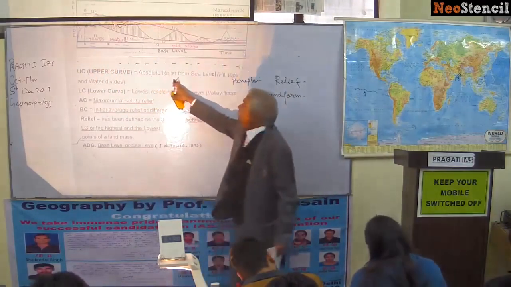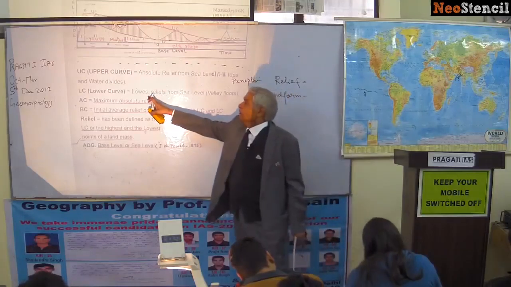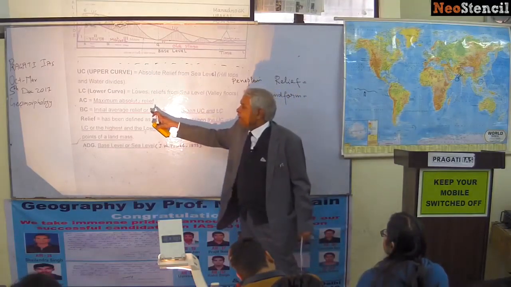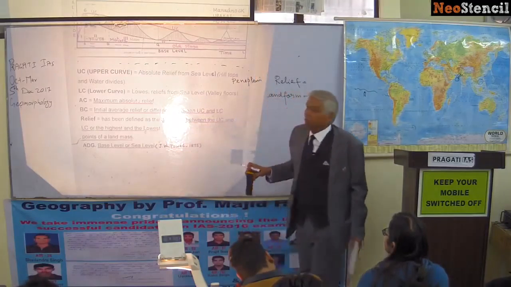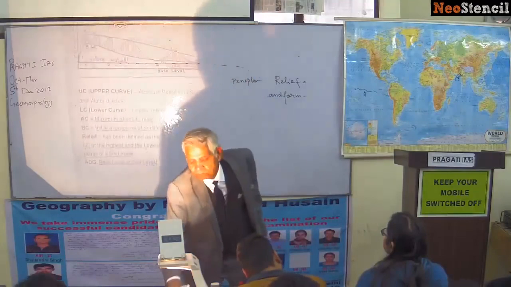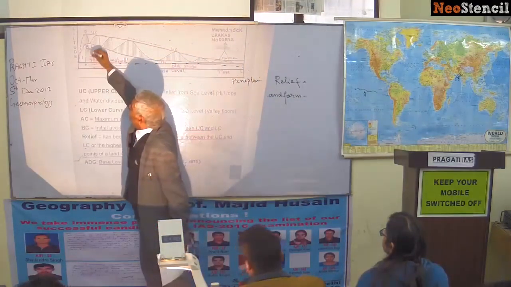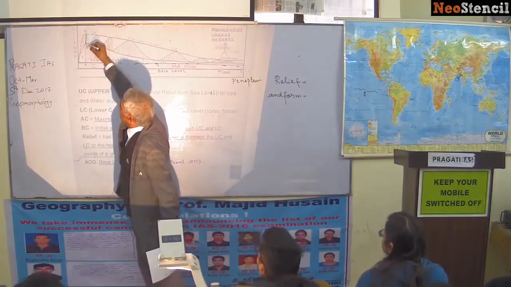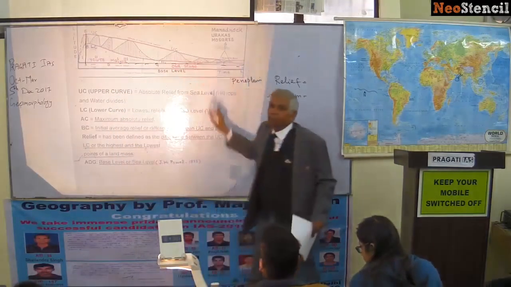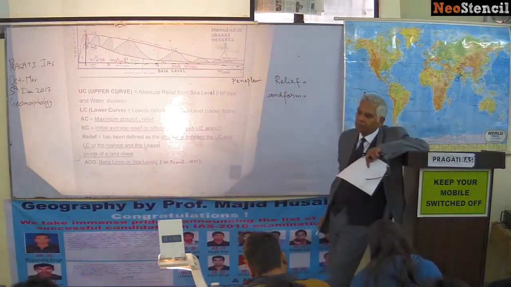UC means upper curve, absolute relief from sea level. LC is lower curve. This is the relief. And as AC, maximum absolute relief. This is A and C. This is the maximum. Now it is coming down and lowering itself, finally reaching the stage of peneplain.